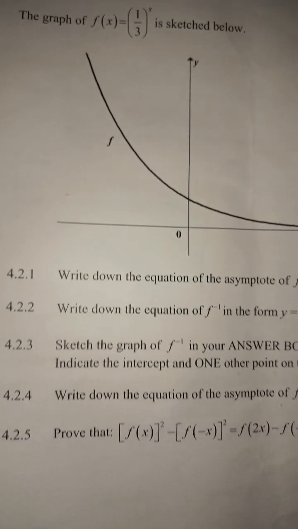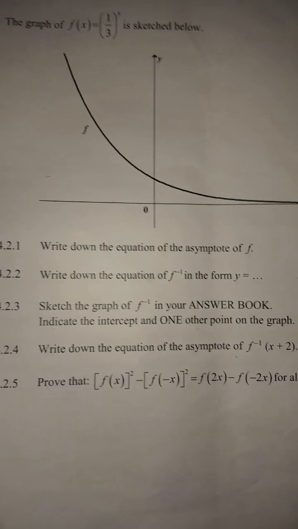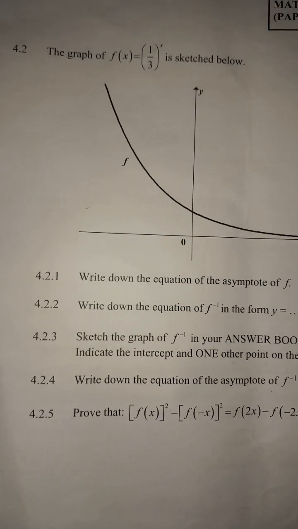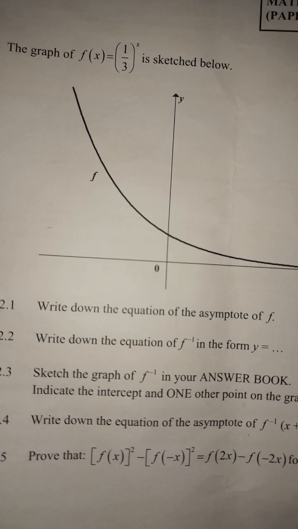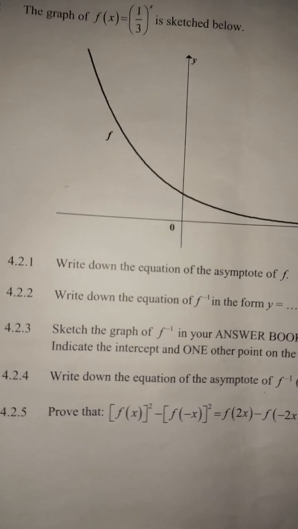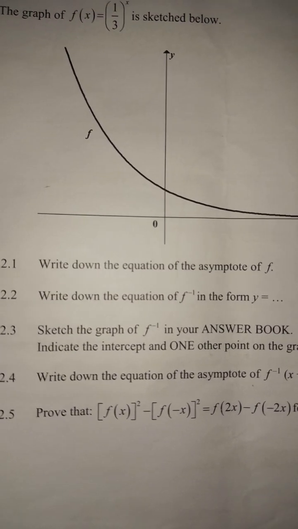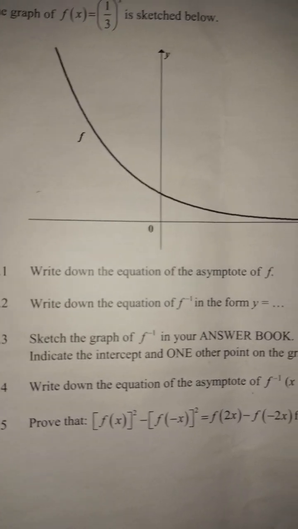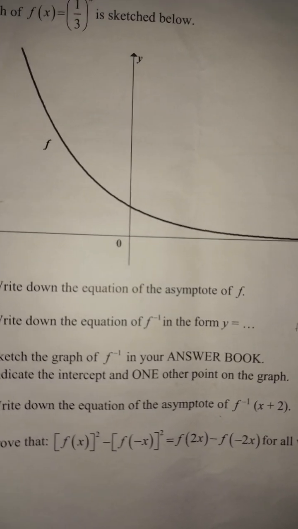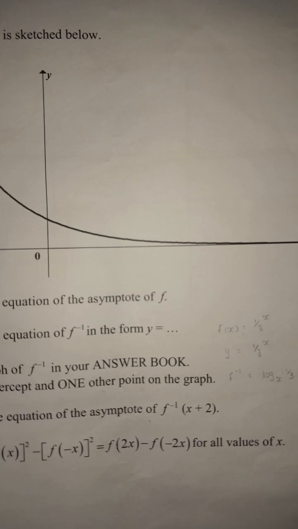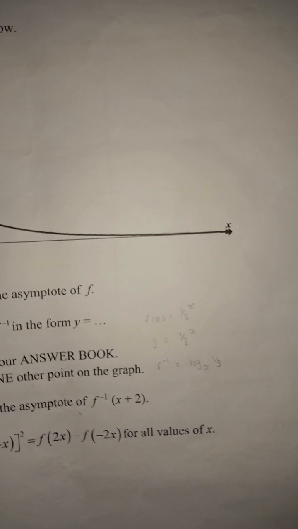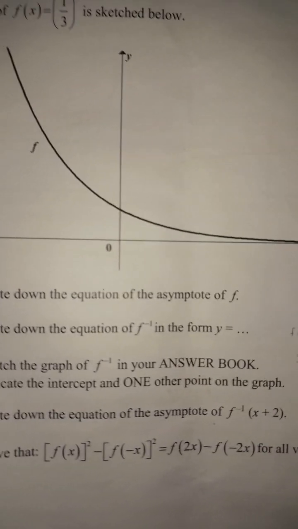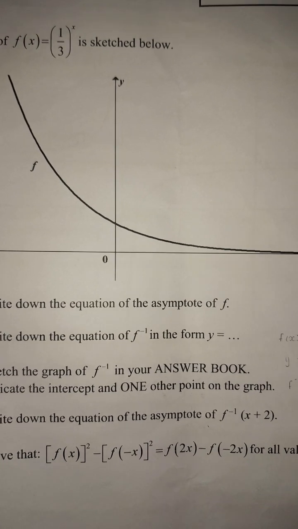I guess now we are going to the second part, which is 4.2.1, an exponential equation. At 4.2.1, we are required to write down the equation of the asymptote of f. So in this case, guys, the asymptote of f will be y equals 0.